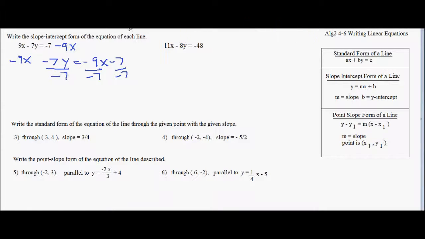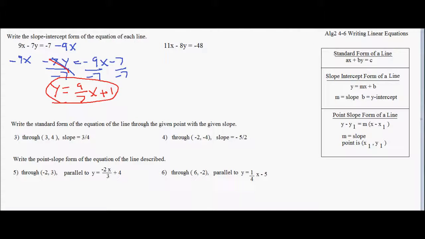So that cancels. This cancels. You get y equals negative over negative is a 9 over 7x plus 1. This negative divided by negative is 1. 7 over 7 is 1. So that's it. That's the answer.